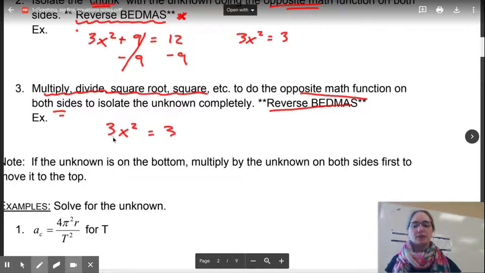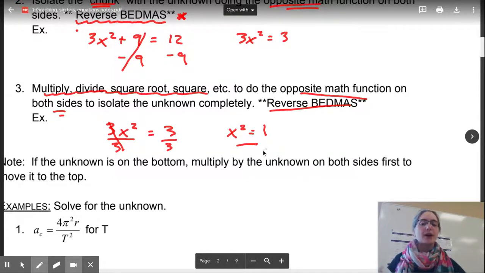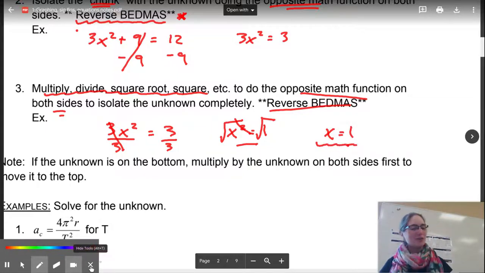Because of multiplication, I reverse BEDMAS, so I'm going to divide both sides by 3. x squared is then going to equal 1. Once we have that, I can square root both sides to get rid of that square. That cancels, and the square root of 1 is 1. So therefore, x equals 1.